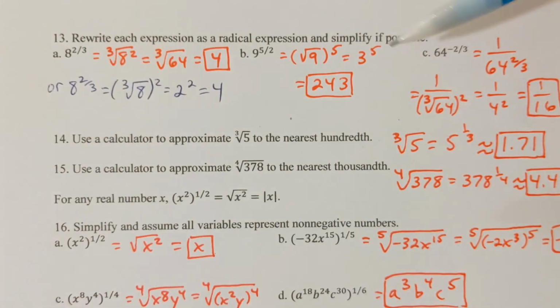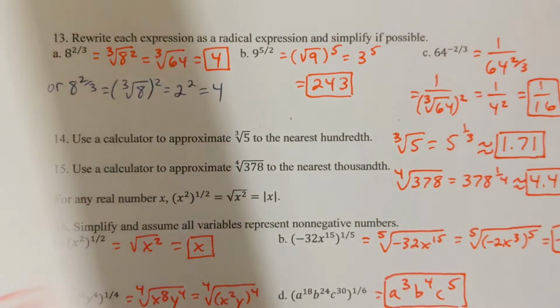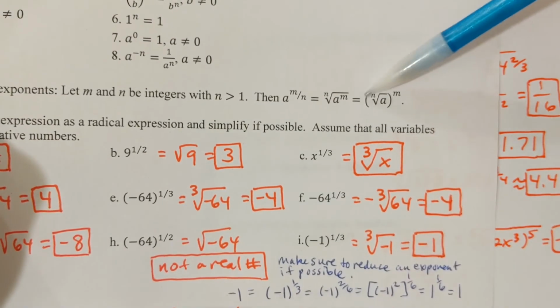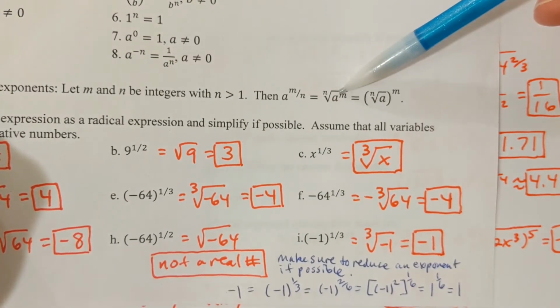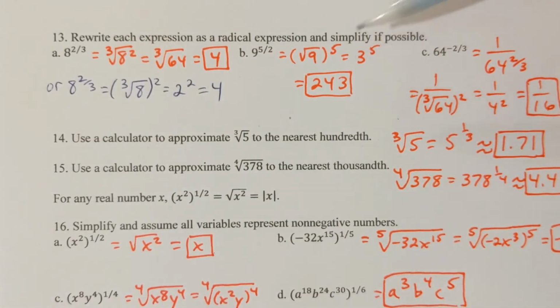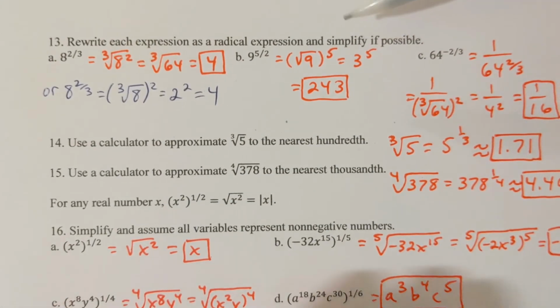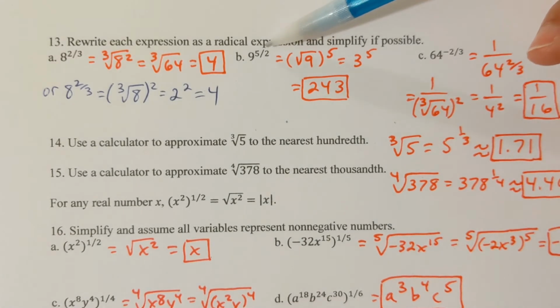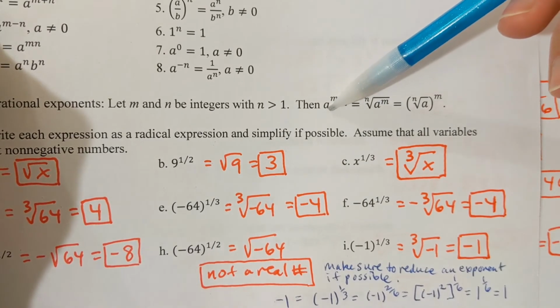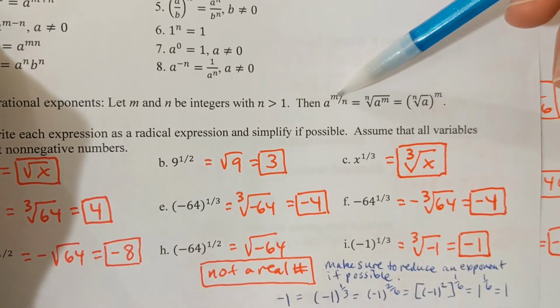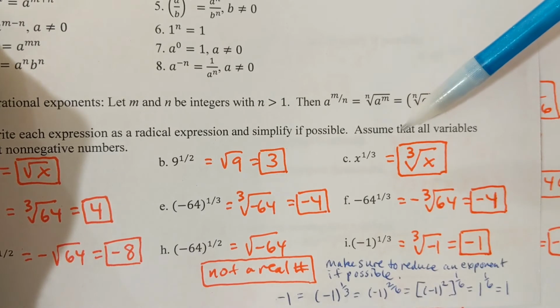But in some cases, we want to be using this alternate form here at the end rather than the form before it. Here's maybe a better example of what I'm trying to say with that. So, if I wanted to find 9 to the 5/2, in this law, A is 9, M is 5, and N is 2.